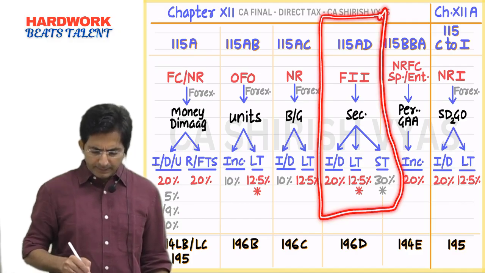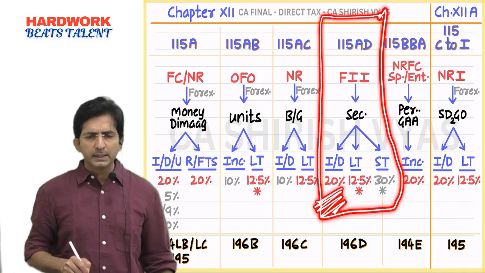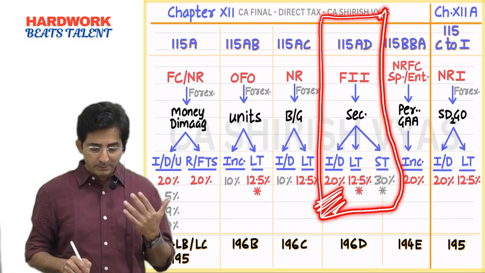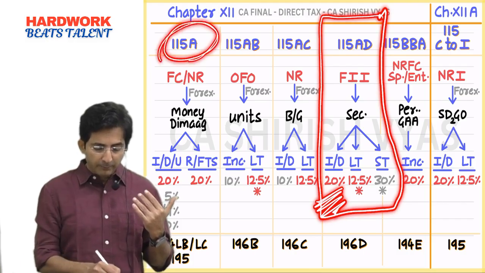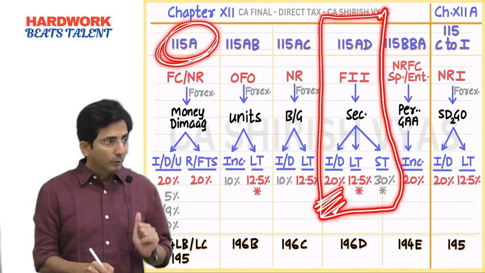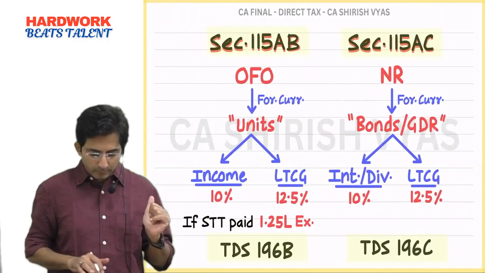In FII, interest income is 20%. And in our question it is interest, so you will take 20% only. But for rupee denominated bonds, there is some special benefit in 115A. So why will you not take it? You know what the special benefit in 115A is? I will show you. Look here.